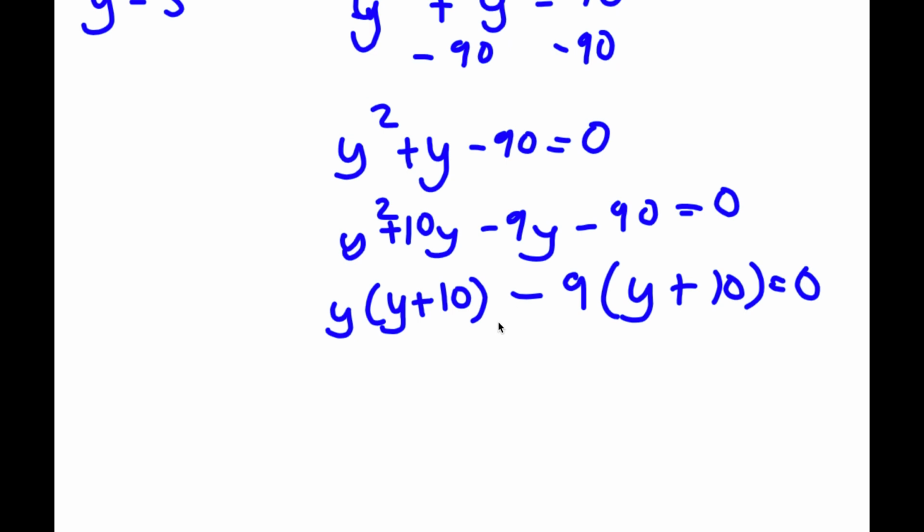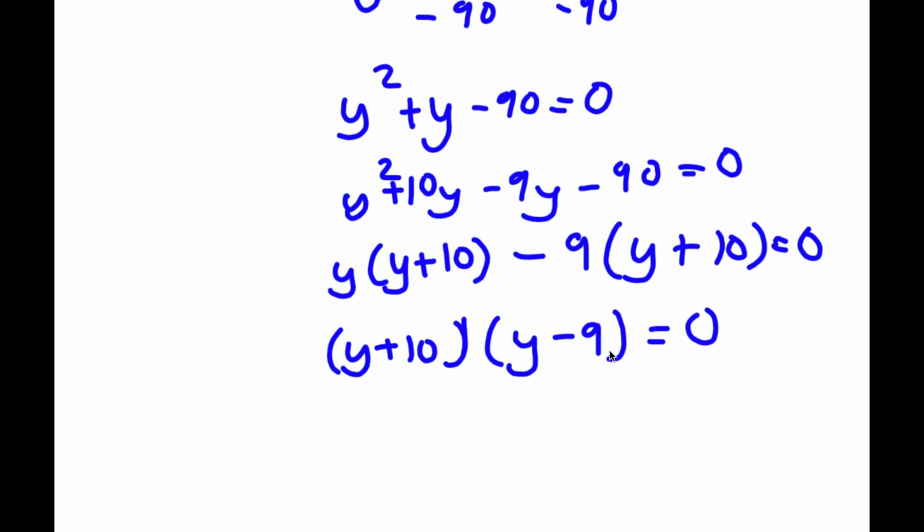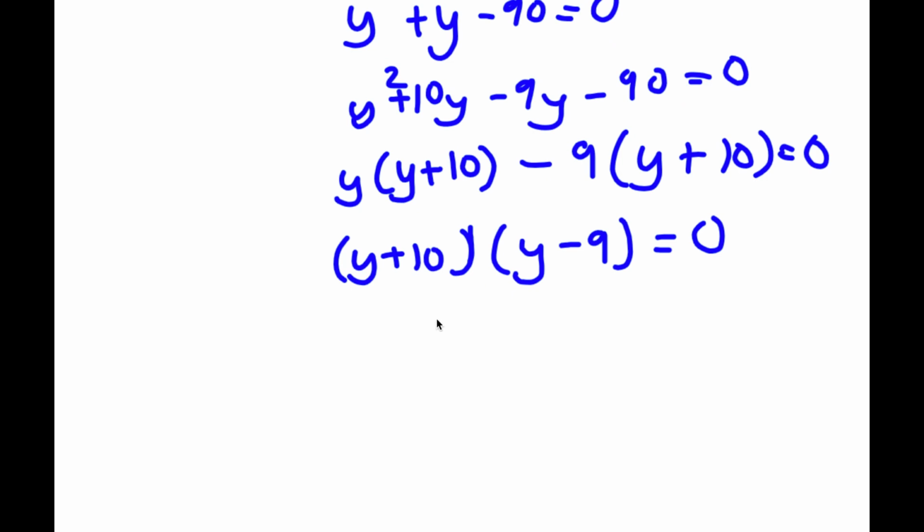And now if I factor out y plus 10 from these two terms, I get y plus 10 times y minus 9. This is equal to 0. And this gives me two equations. I have y plus 10 is equal to 0, or I have y minus 9 equals 0.